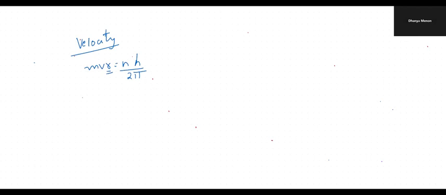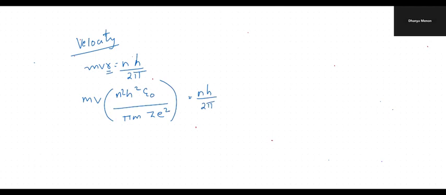So I'm substituting the value of r as n square h square epsilon naught by pi m z e square, equal to nh by 2 pi.